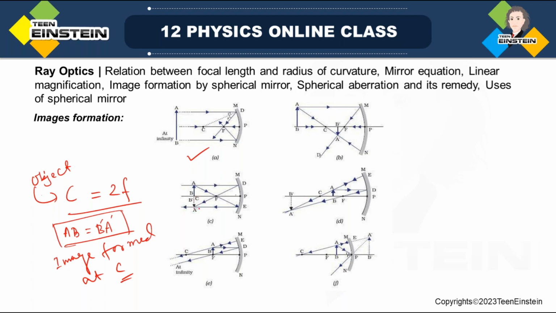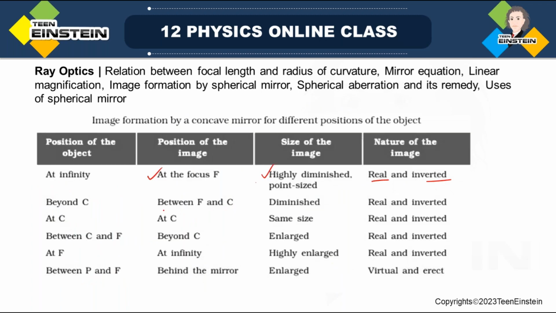The nature of the image is real, inverted, and having the same size. I hope you remember this at C. Now, when the object is beyond C, the image will form between C and F.